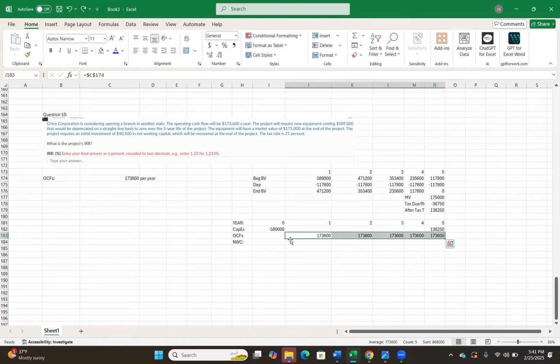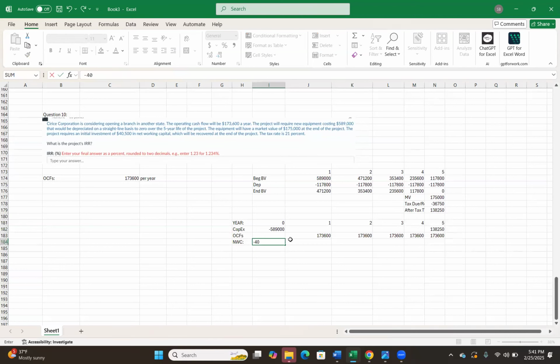And then net working capital requires an initial investment of 4,500, and that's going to get recovered at the end of the project. I'm just going to make this equal to the negative sum of all the years before because that's what makes sense in my head. Okay, free cash flows are going to be the sum of everything above.